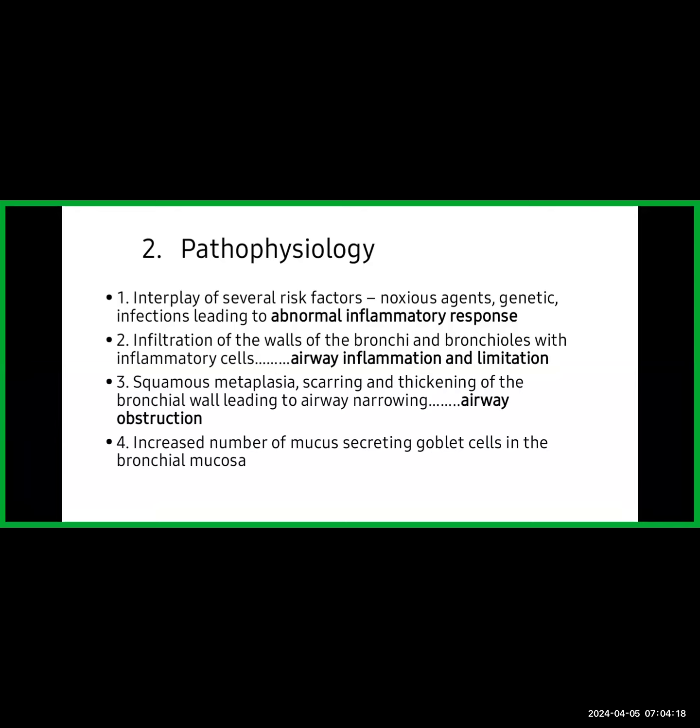Because the inflammation is chronic and persistent, in conjunction with risk factors like noxious agents, there is a change of normal columnar epithelium of the airway to squamous epithelium, and subsequently scarring and thickening of the bronchial wall, leading to airway narrowing and airway obstruction.